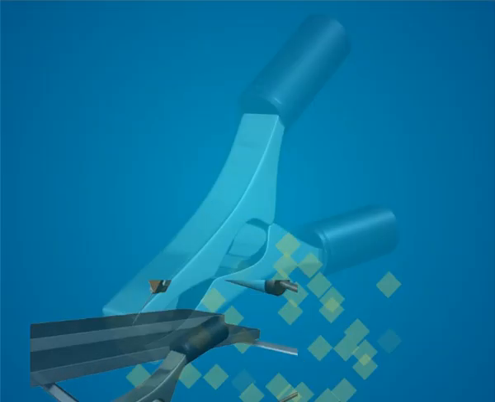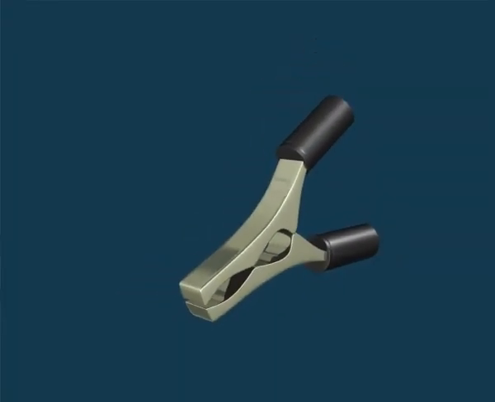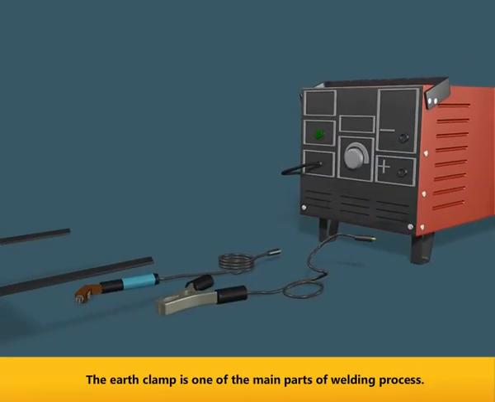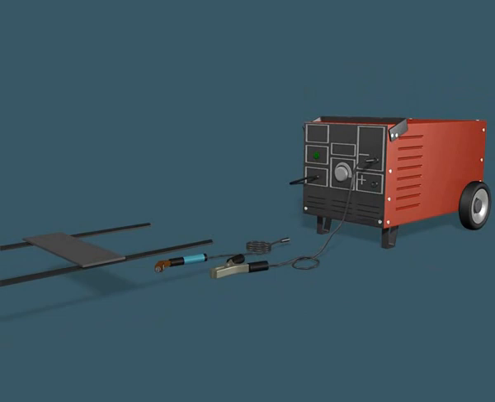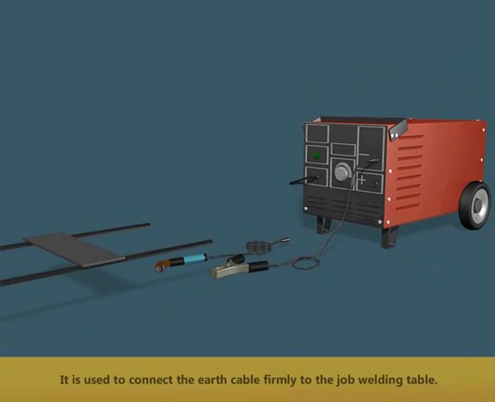Earth clamp. Now, we are going to see a 3D model of earth clamp and where it is used. The earth clamp is one of the main parts of welding process. It is used to connect the earth cable firmly to the job welding table.